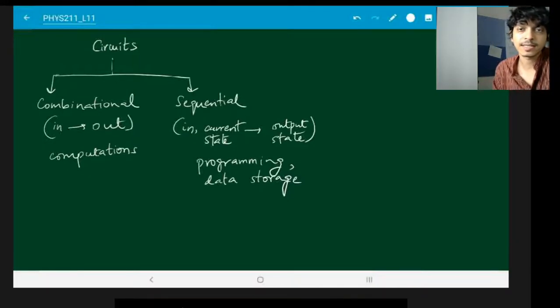But if your current state is something else, then you do it the other way. So you can have statements like that, and you can use it also to store information. So if you stored one bit of information in a certain device, and then depending on your input, you want to change it if it is 1 or if it is 0. So you can also use this for data storage.